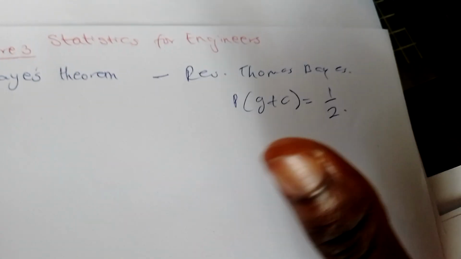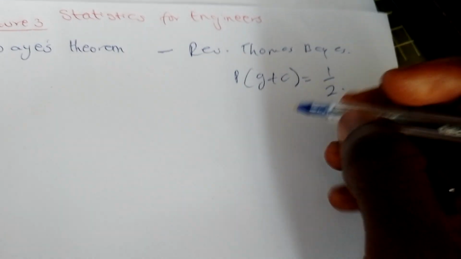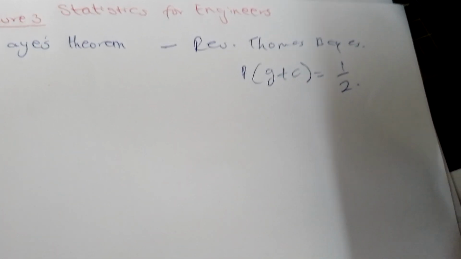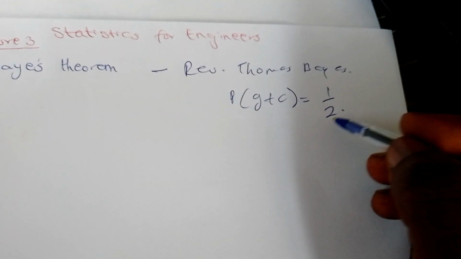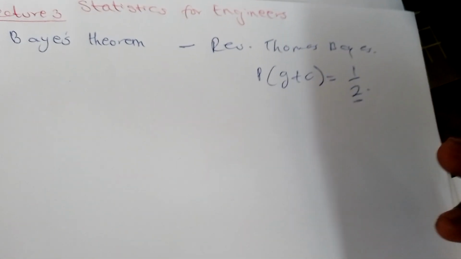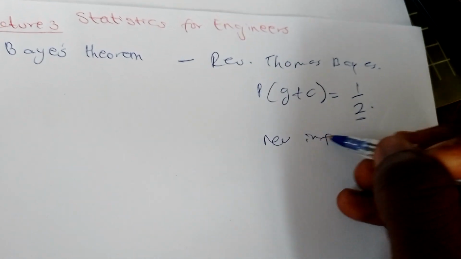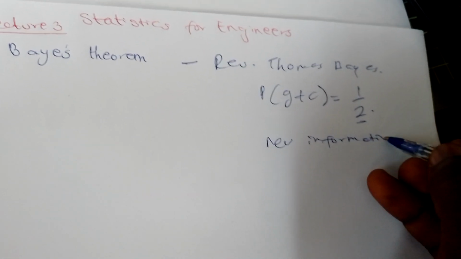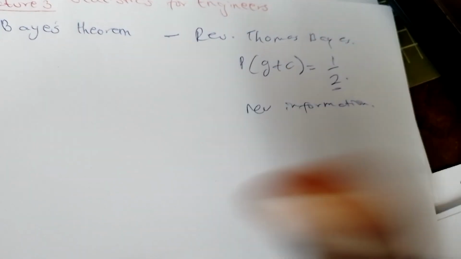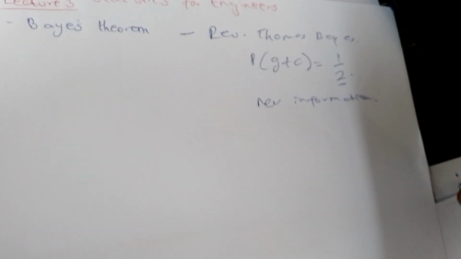Now I'm sitting there and I get new information that there's going to be a quiz. Will that change this probability? Yes. If you have new information, then the probability changes.